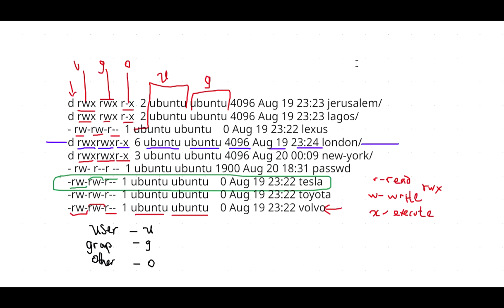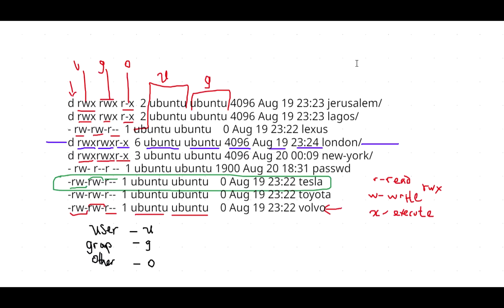Now there are 2 columns here. The first column is for users. The second column is for group. There is no column for the third identity. Okay. So on the Linux system, we have users designated with U, group represented with G, and others represented with O. U for users, G for group, O for others.